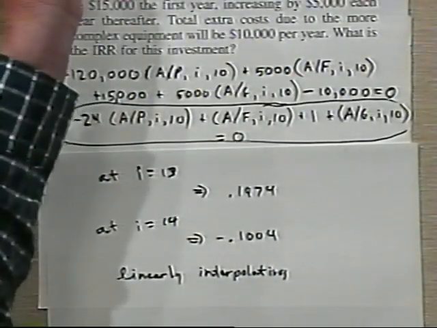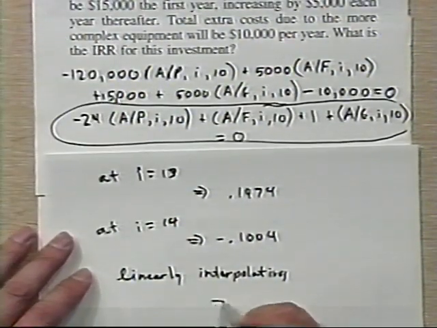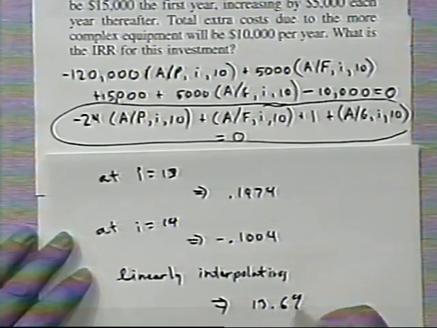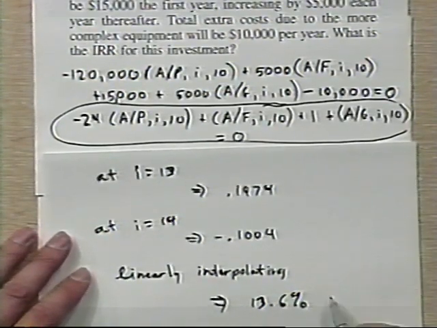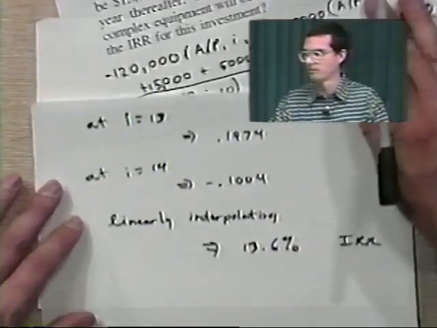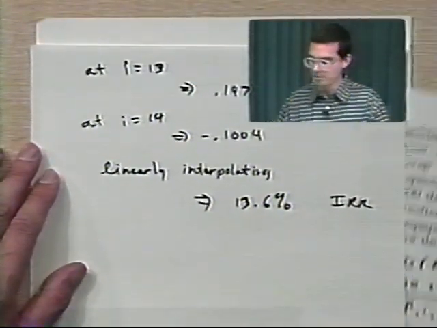The value you end up with is 13.6%. So that's the IRR, the internal rate of return, for this particular problem.